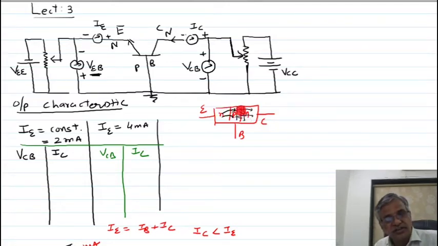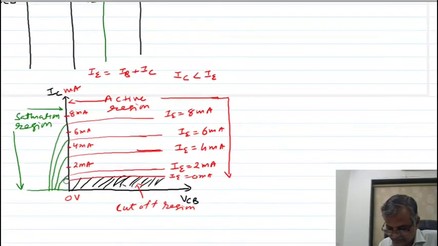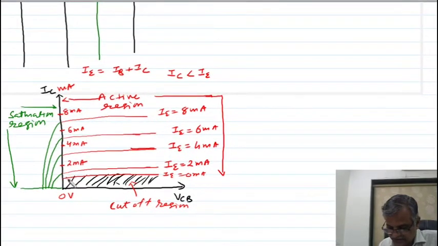Due to the internal potential barrier at the reverse bias collector base junction, these electrons enter into the collector and give rise to some collector current, even though the collector base voltage is 0. Due to these reasons, you are getting this current. It is not too much, but you are getting some current.